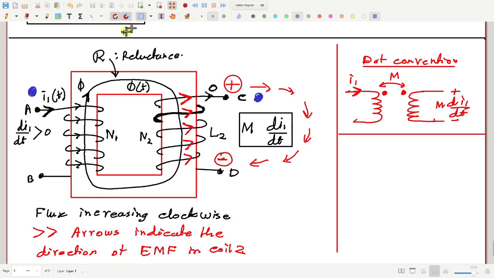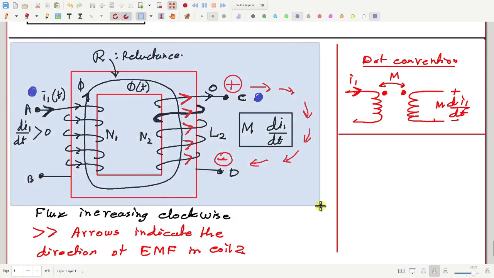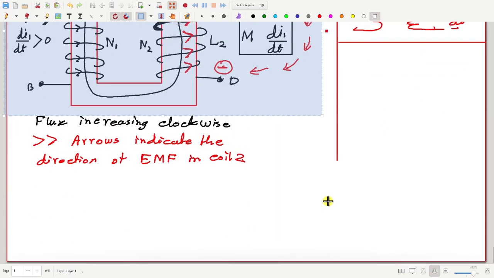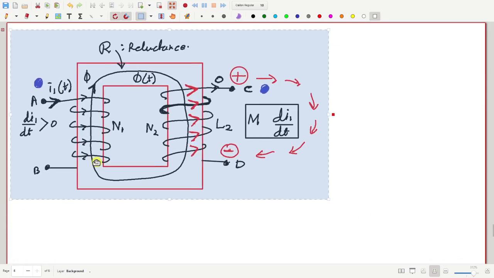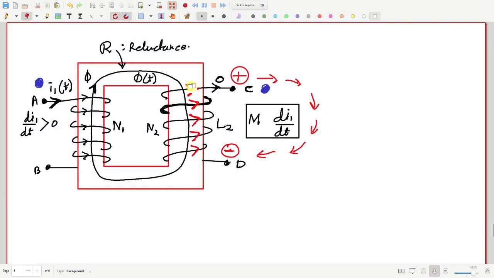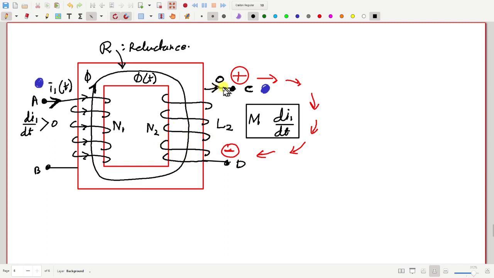Okay? Then, if I just take this core and the coil and make a small change. Suppose now this is the direction of the second coil. This is the sense in which the second coil is wound.